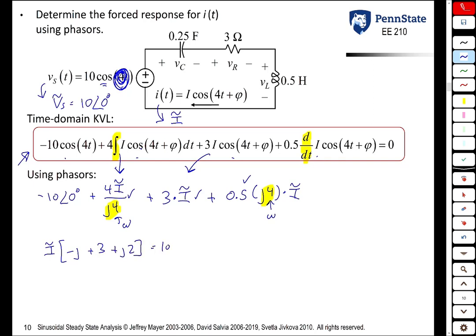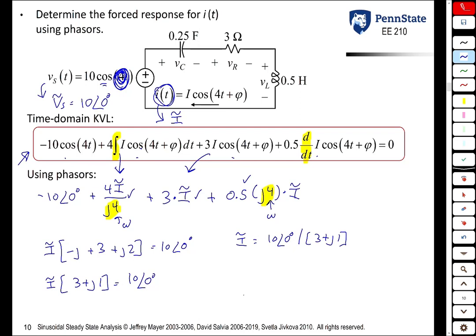So this equals 10 at an angle of 0 degrees. So we get I tilde times 3 plus j1 equals 10 at an angle of 0 degrees. Solving for I tilde is 10 at an angle of 0 degrees divided by 3 plus j1.